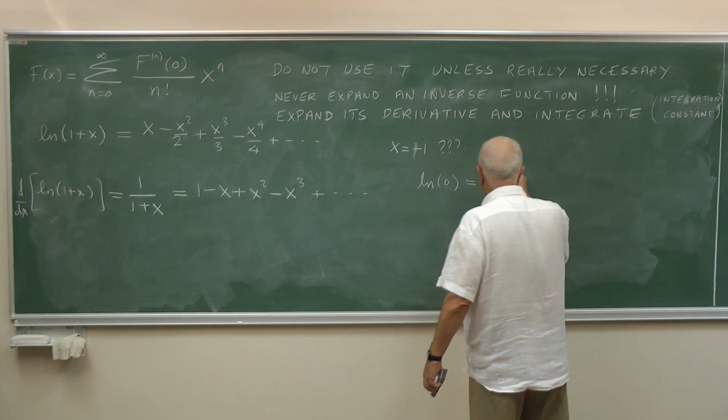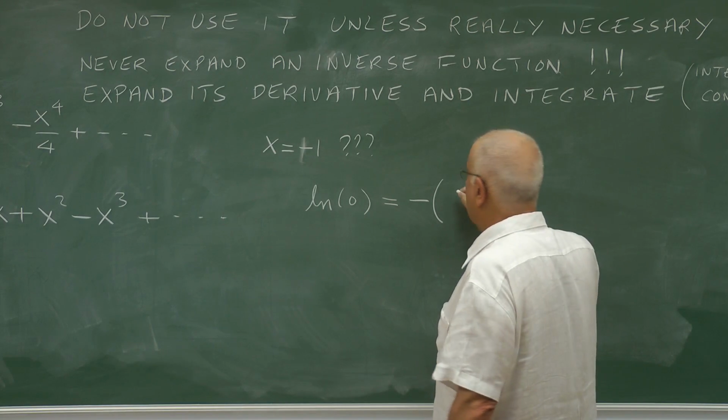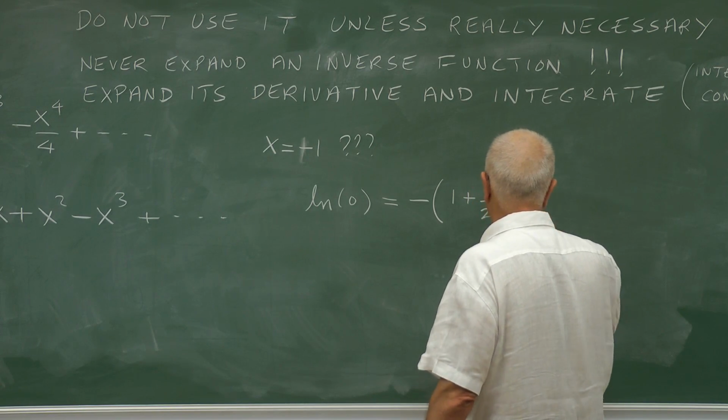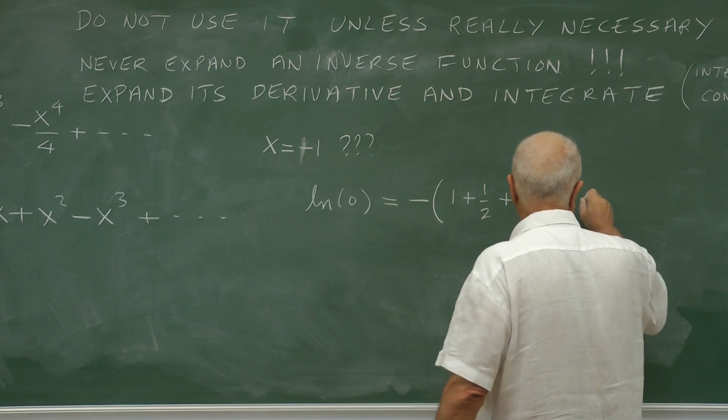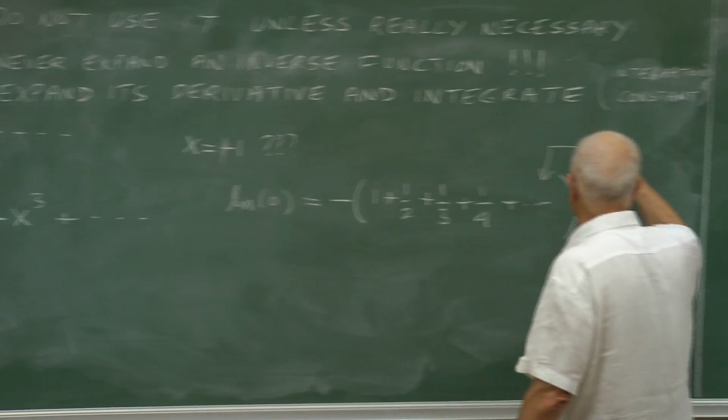So overall minus, I'll have 1 plus 1/2 plus 1/3 plus 1/4, the so-called harmonic series.